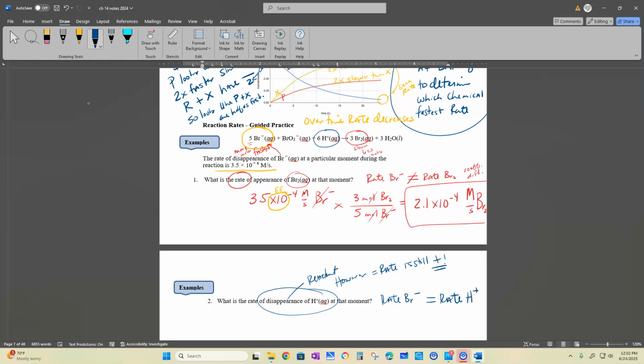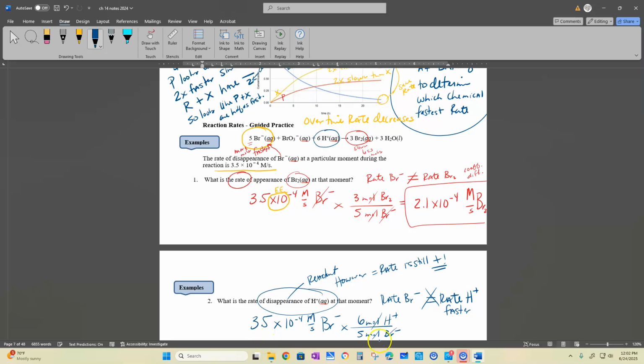All right, so first, will the rate of Br minus be the same as H plus? 5 versus 6? Nope, not the same. But who will be faster? Well, it's only one more mole, but this will be faster, which means it will be a greater answer than this 3.5. So let's use the same number, 3.5 to the negative 4, M over s, Br minus. I'm just trying to get rid of the chemical, so I still got 5 moles. And then I have 6 moles.